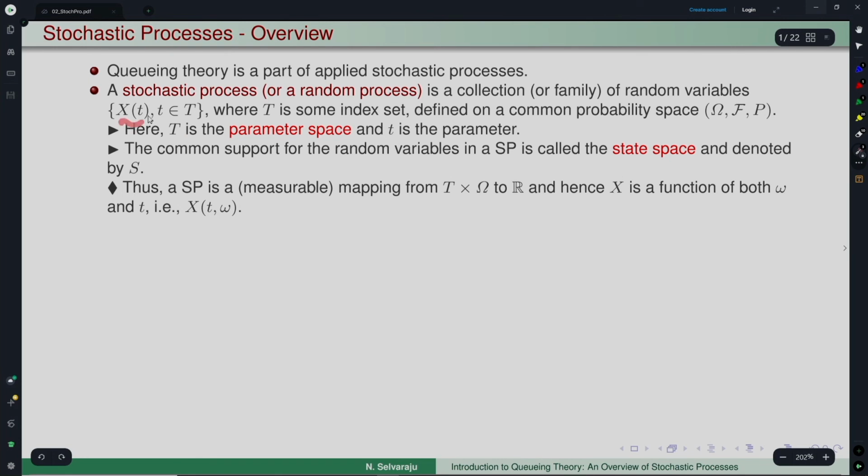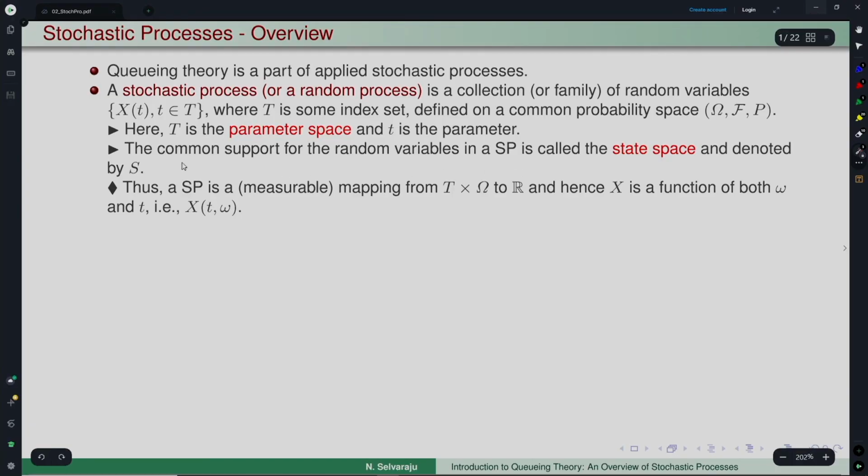Okay. And all these random variables take particular values. So, for example, x1, x2, x3, if you have it in a discrete manner, or x 0.5, x 2.7 and so on, any random variable you take, they all take values in some particular set.